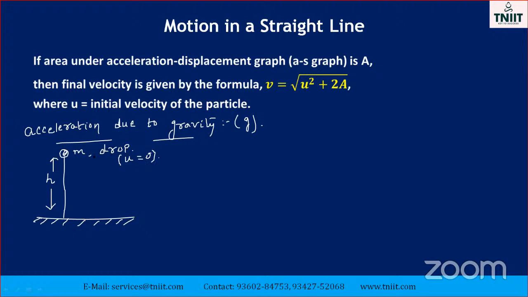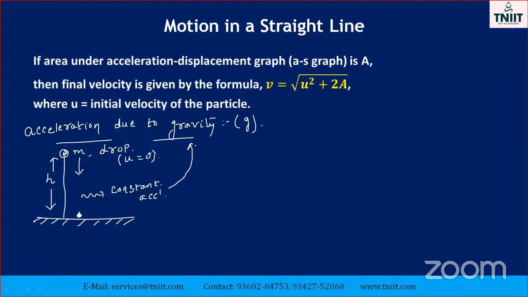If you drop this particle, what will happen? This mass of the particle will move towards the Earth surface. When it is moving, it comes out to be with constant acceleration. This constant acceleration is what we call the acceleration due to gravity.